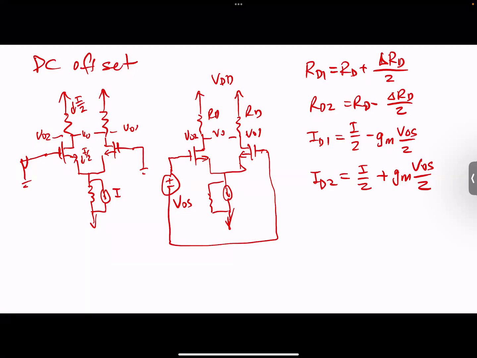So in this case, we're going to look at the voltages VO1 and VO2. Let me write down from here.